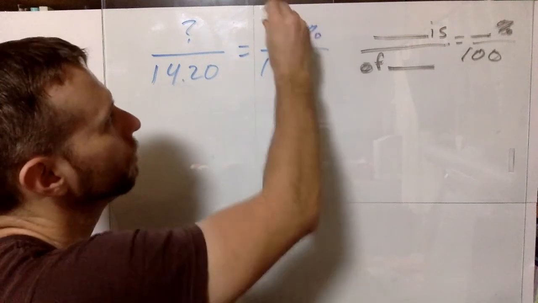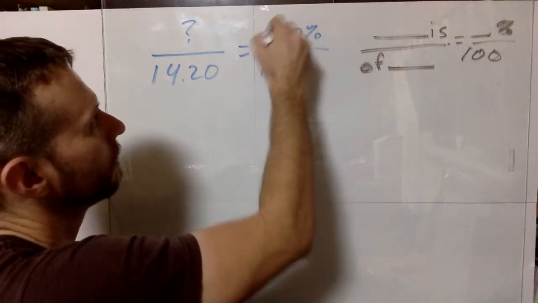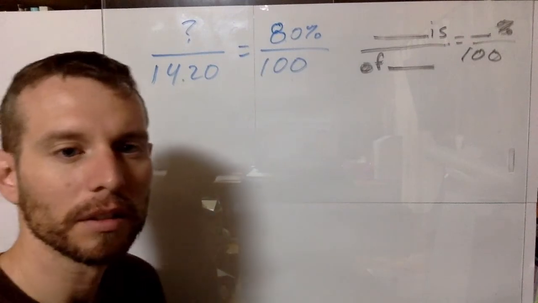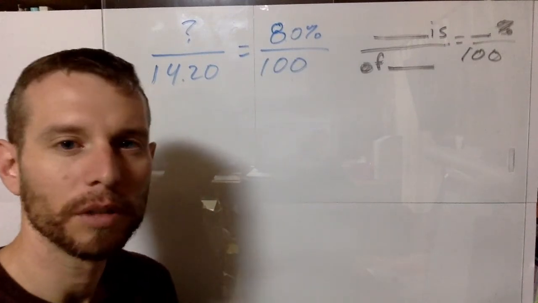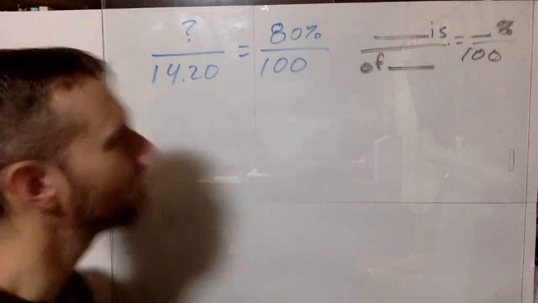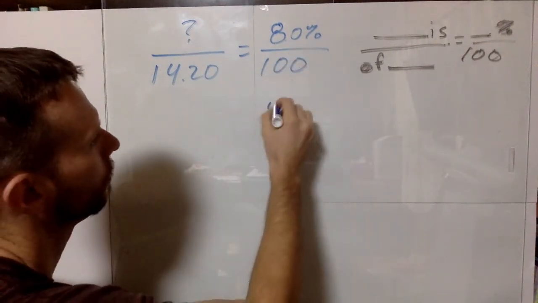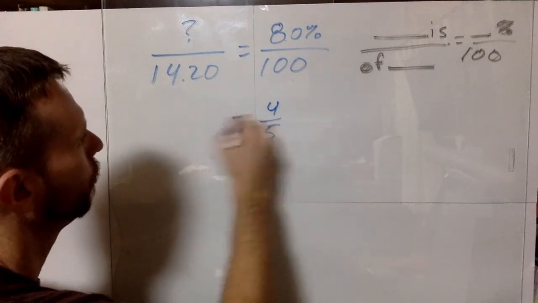So instead of putting 20% here, I want to know what is 80% of 14.20, because that's the new price that I'm going to end up paying. So that's what I'm going to solve for. And this reduces to 4/5.